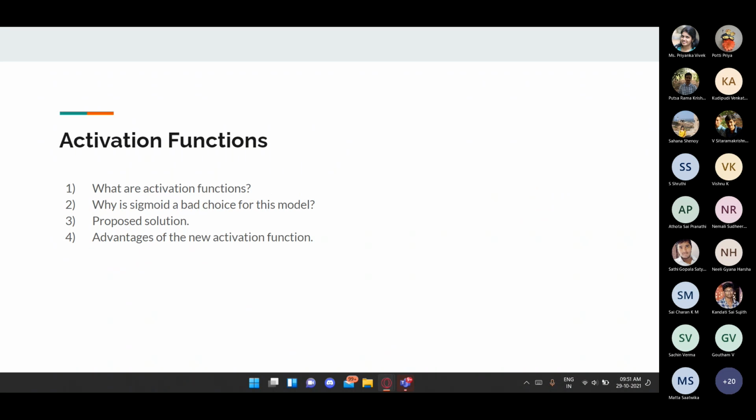Cool. I'll just move on to the activation functions then. As Priya mentioned, the sigmoid, tanh, ReLU that we have most commonly come across. So the problem that they have mentioned is, why is sigmoid a bad choice for this model? One thing we need to understand is sigmoid generates a positive probability for all paths.